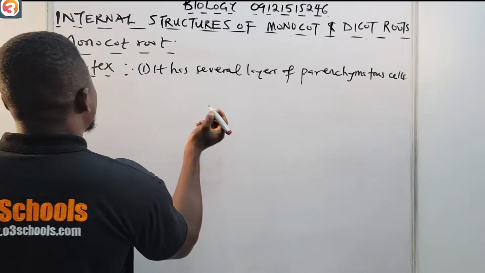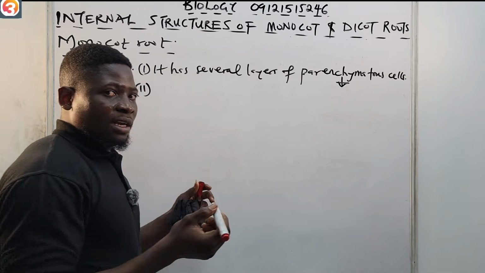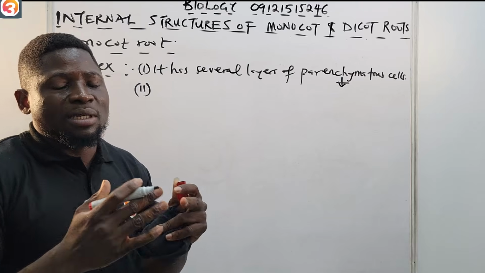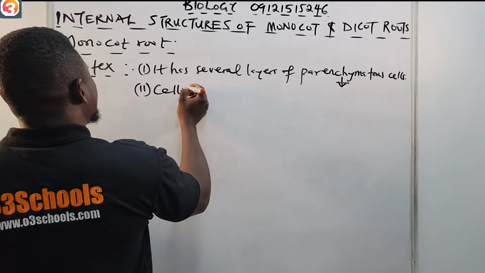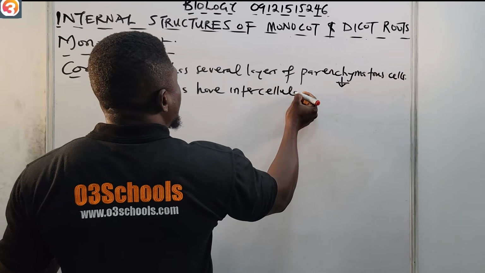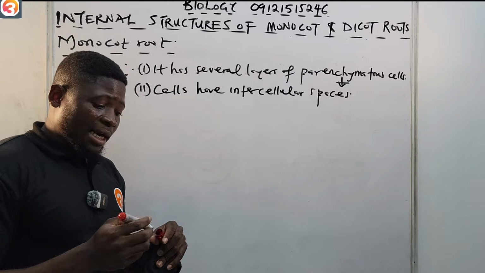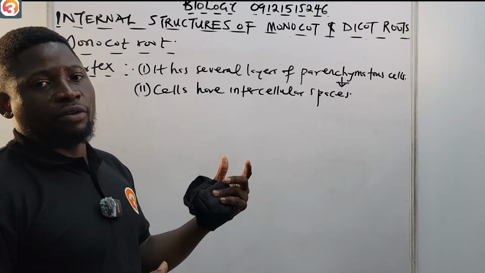Then number two, parenchyma cells naturally have intercellular spaces between them. So you can say that the cells have intercellular spaces. I hope I'm not too fast. It's almost close to what I've talked about for the dicot root.